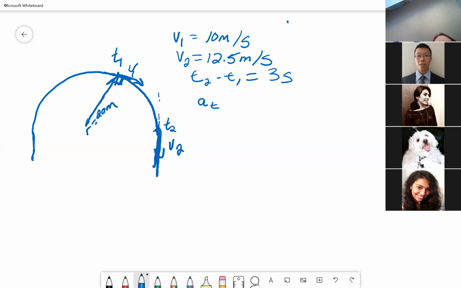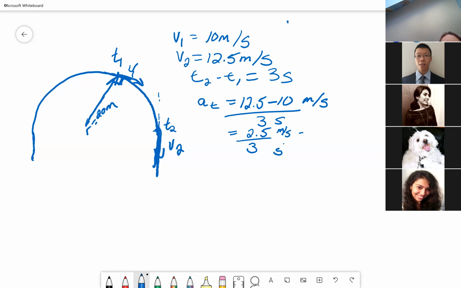So the change in speed, the magnitude of your velocity, this is meters per second, and this is seconds, so that's going to equal 0.83 meters per second squared. Okay, so that's the change in magnitude of the speed.